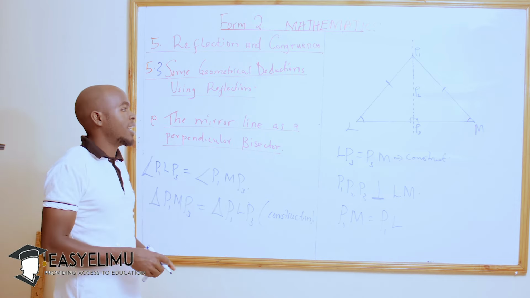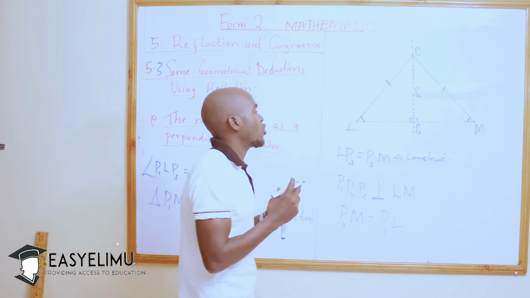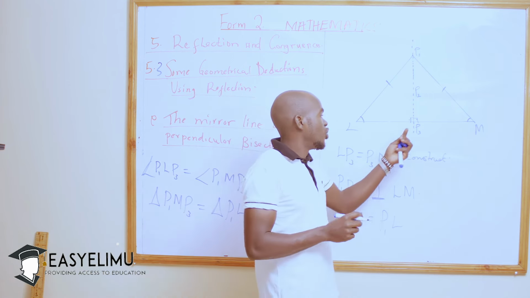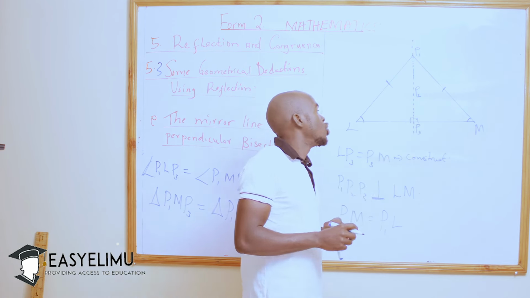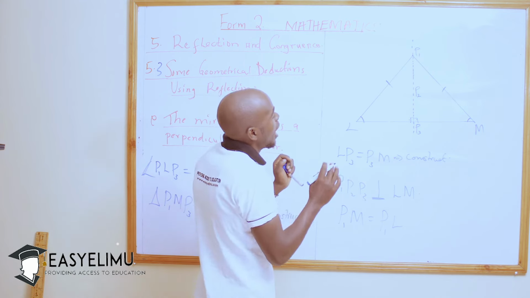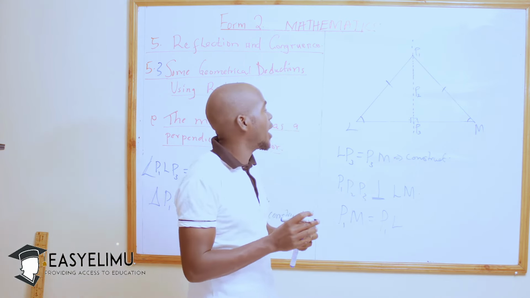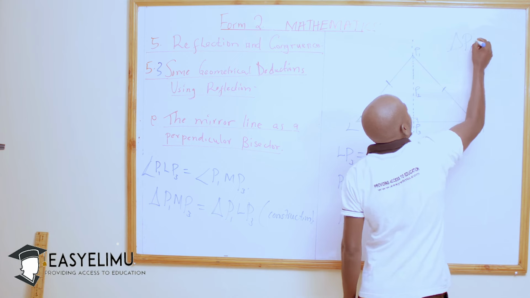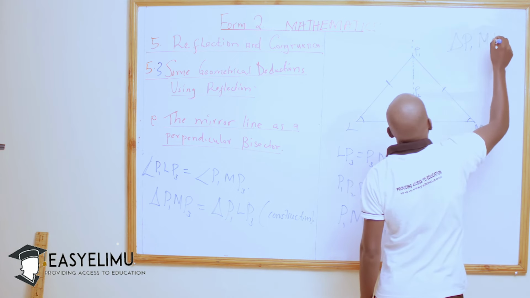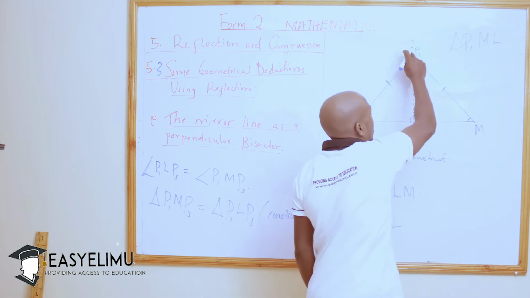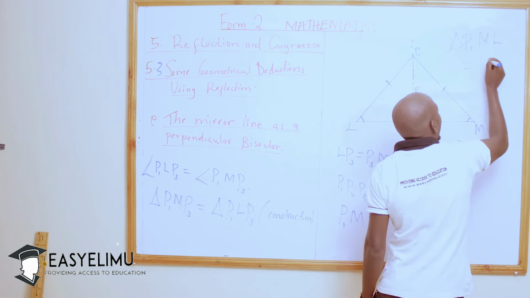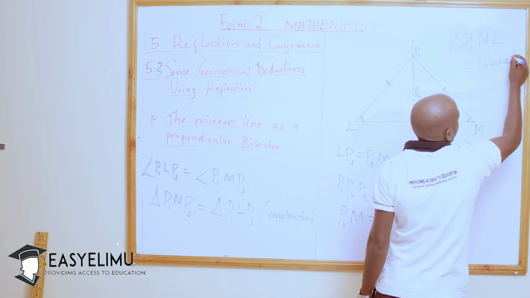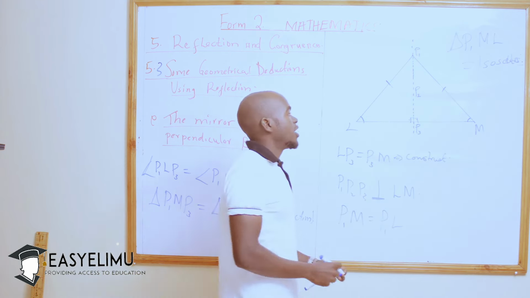So if that is the case and the two are joined together to form one triangle, having the same base and joined at 90 degrees as we can see here, so that implies that the triangle formed there, that is triangle P1LM, that's the triangle I'm talking about, that one will be isosceles.